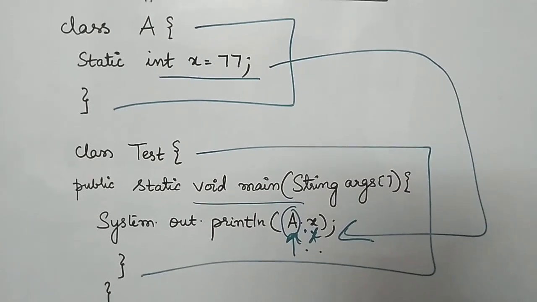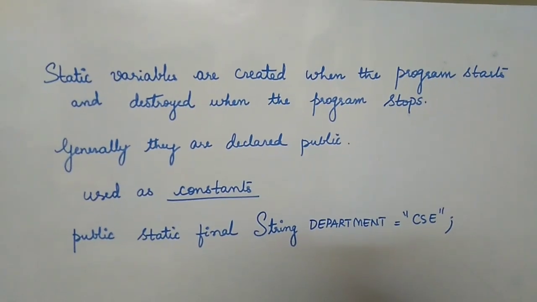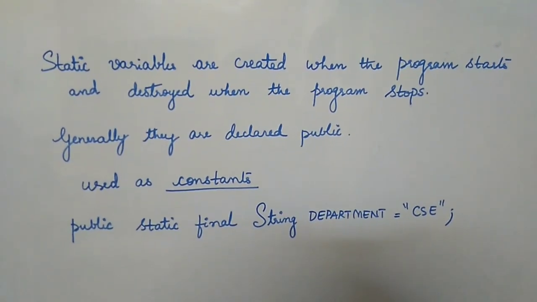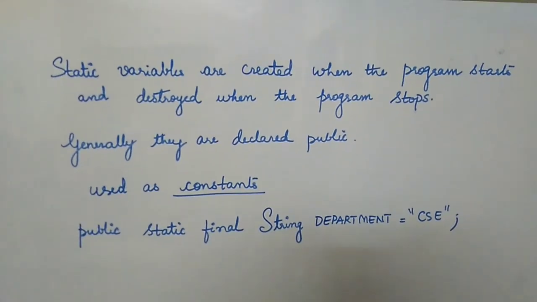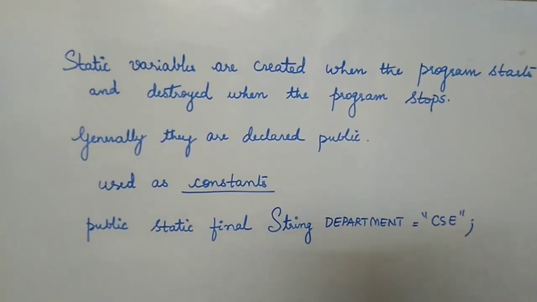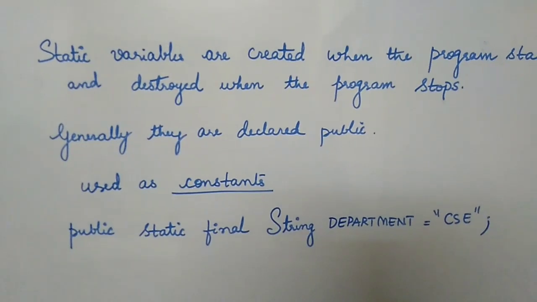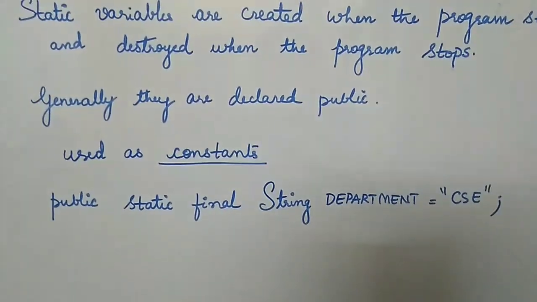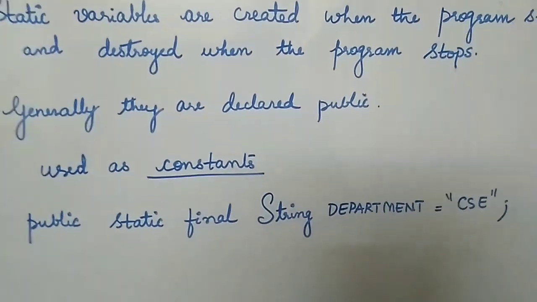Static variables are created when the program starts and destroyed when the program stops, unlike instance variables, which are created when the objects are created and destroyed when the object is destroyed. Static variables are generally declared as public. They are generally used for constant variables.